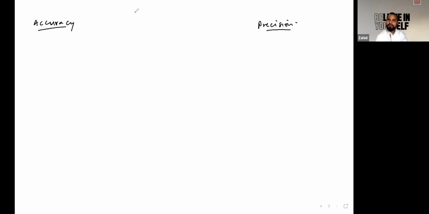Let's say if you have to calculate value of gravity, so it will be 9.8 meter per second squared. So if someone measures this particular gravity using simple pendulum or any other experiment, let the result come out to be 7 meter per second square.